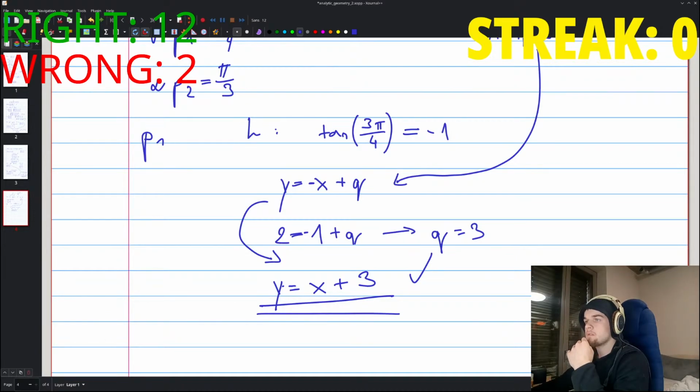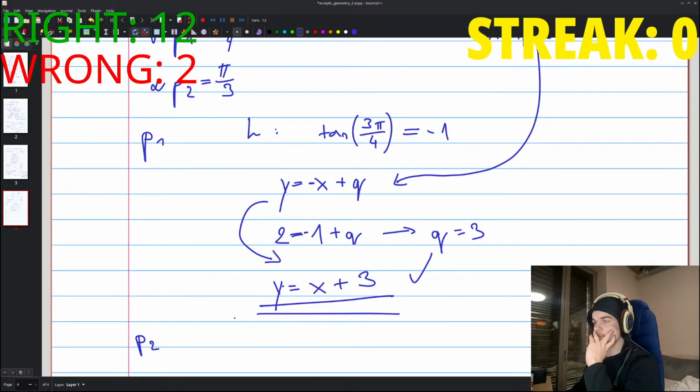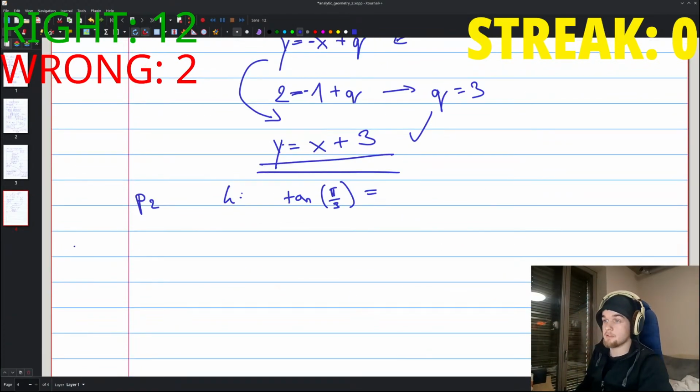4, 7. So now let's solve the second, but maybe correctly. That would be nice. So that's tangent pi over 3. Oh, actually, no. This is a good opportunity to actually rewrite the whole table.